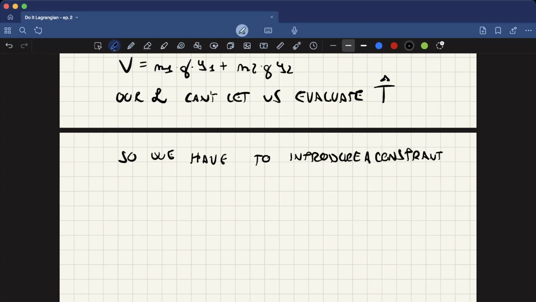Okay, because we know that if there is m1 and this is the y direction, this is the height y1, and here we have y2, we at least could have an offset between our two bodies, but this does not change the physics of the system nor the equations, because if we do the derivative in terms of a constant term, it will vanish out.